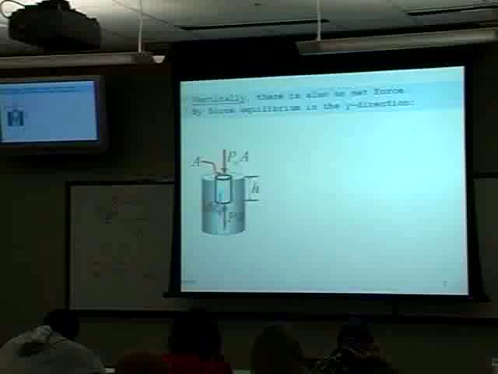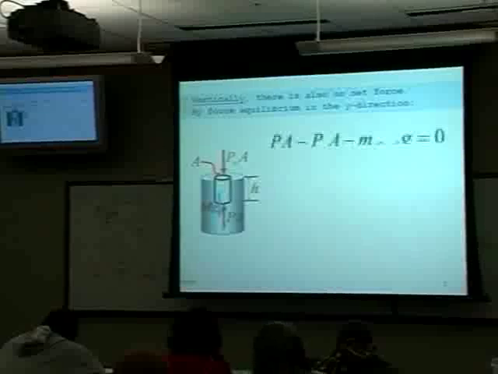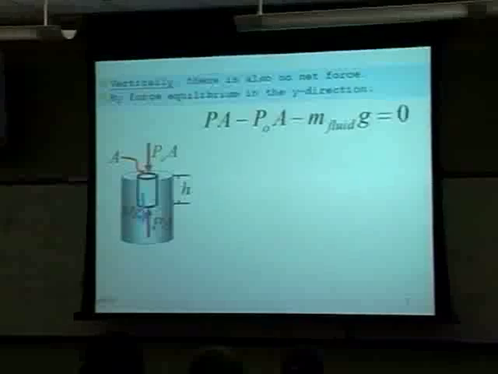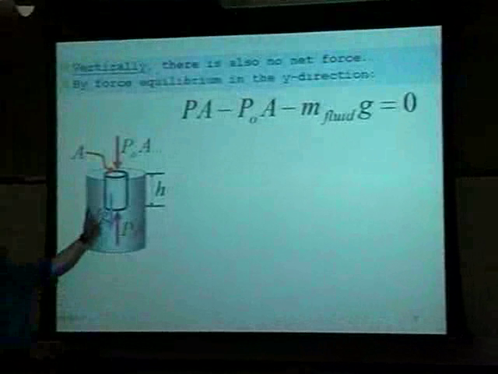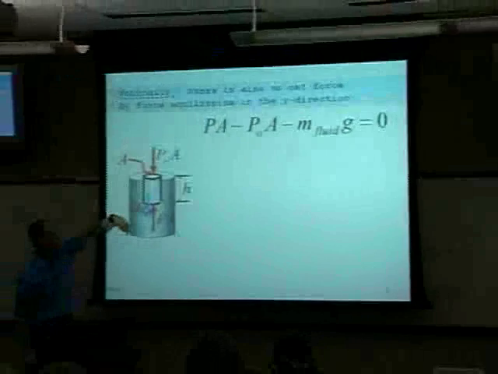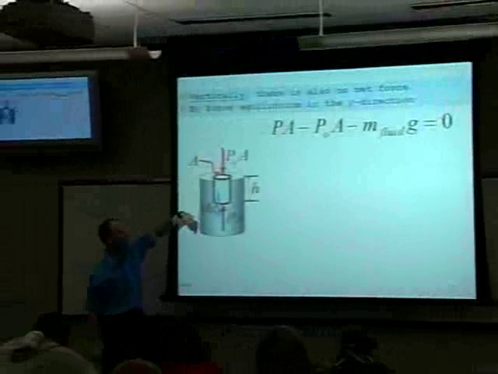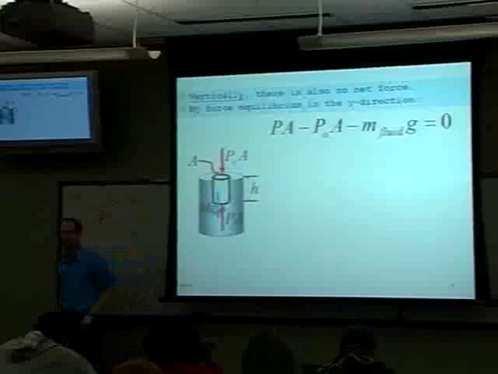And as a result of these three forces, it doesn't move. So I can write that the summation of all the forces should equal 0. And I've got P times A plus a negative mg plus a negative P naught A equals 0.